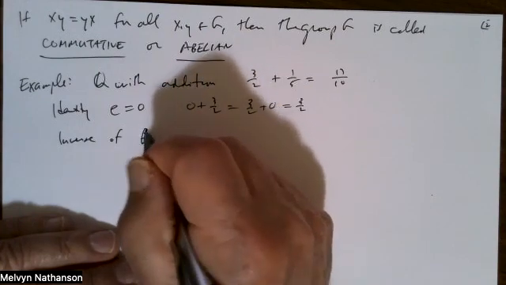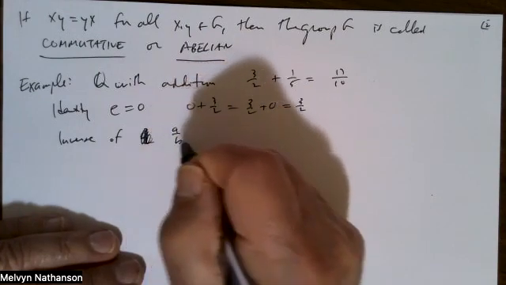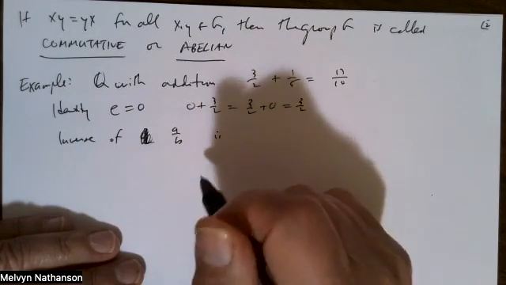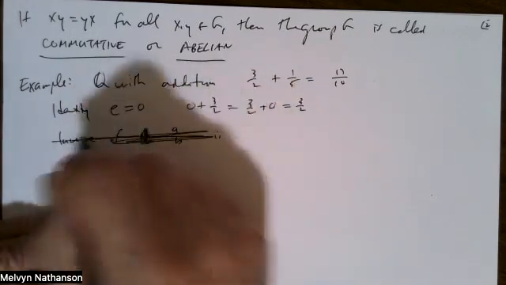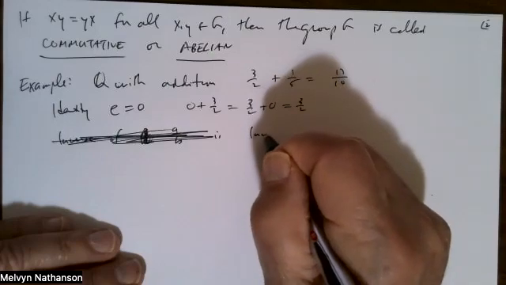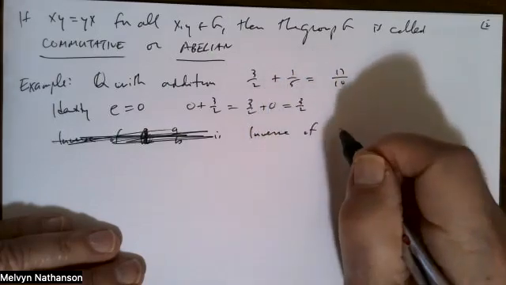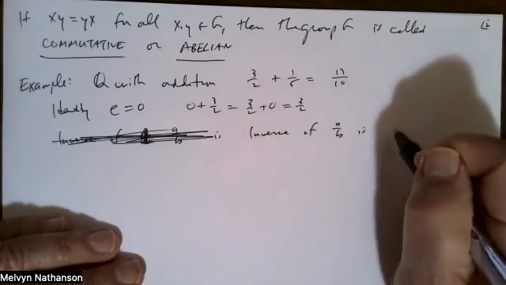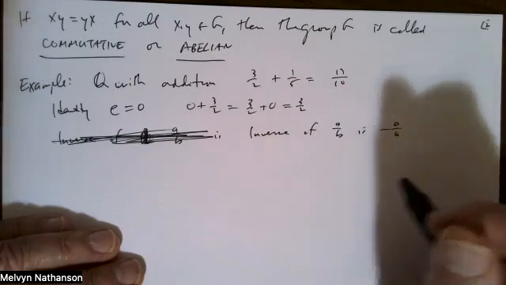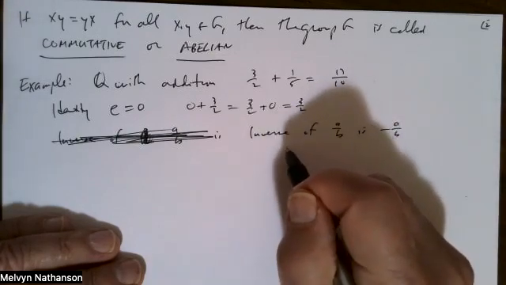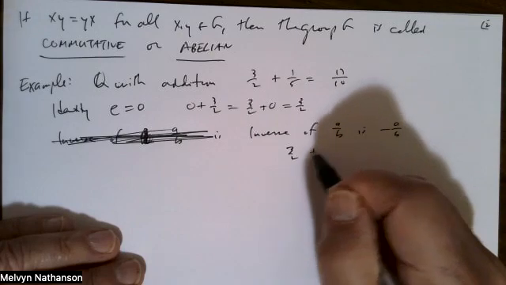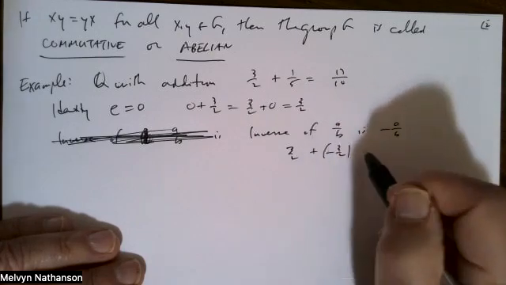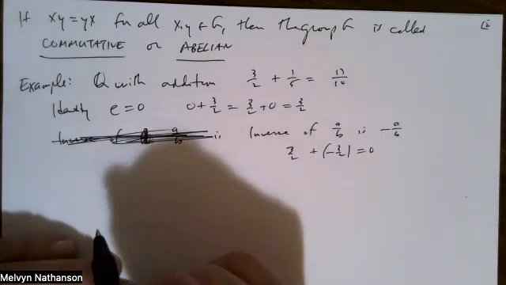In fact, the inverse of any number A over B exists. The inverse of any number A over B is minus A over B. So if you take 3/2, the inverse is minus 3/2, and when you add them, you get 0.